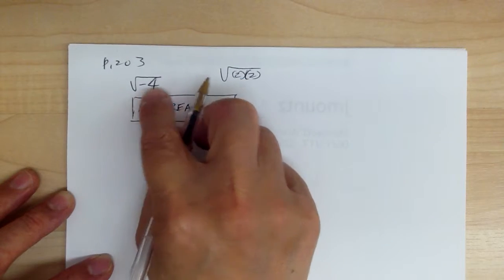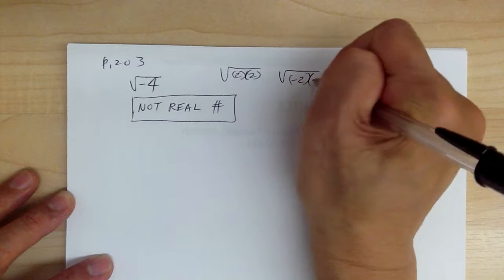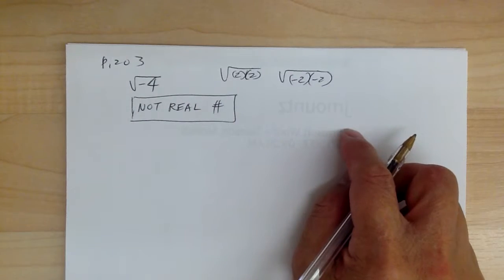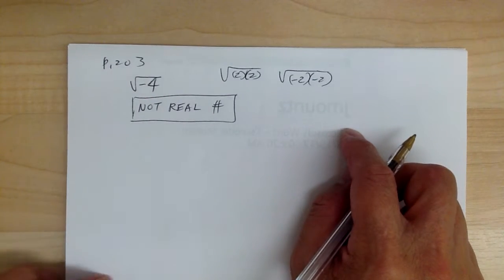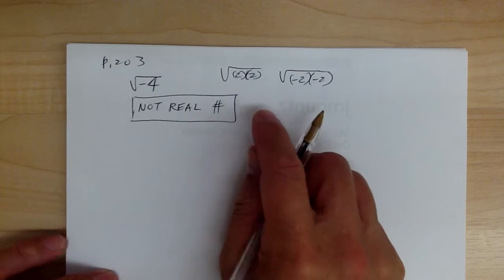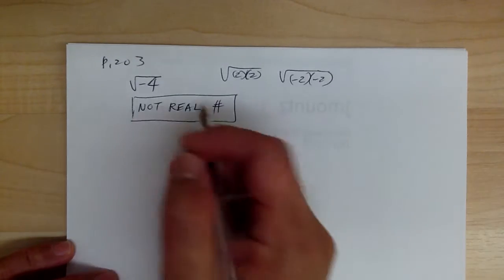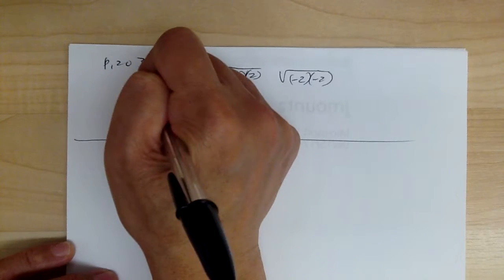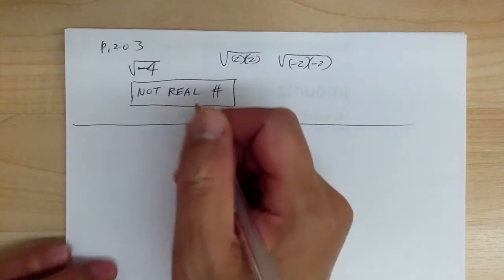You will never get negative 4. And if you have negative 2 times negative 2, again you get positive 4. When you get to algebra 2, you're going to learn something called the imaginary number. But right now, when you have a negative inside the square root, just write down non-real number.